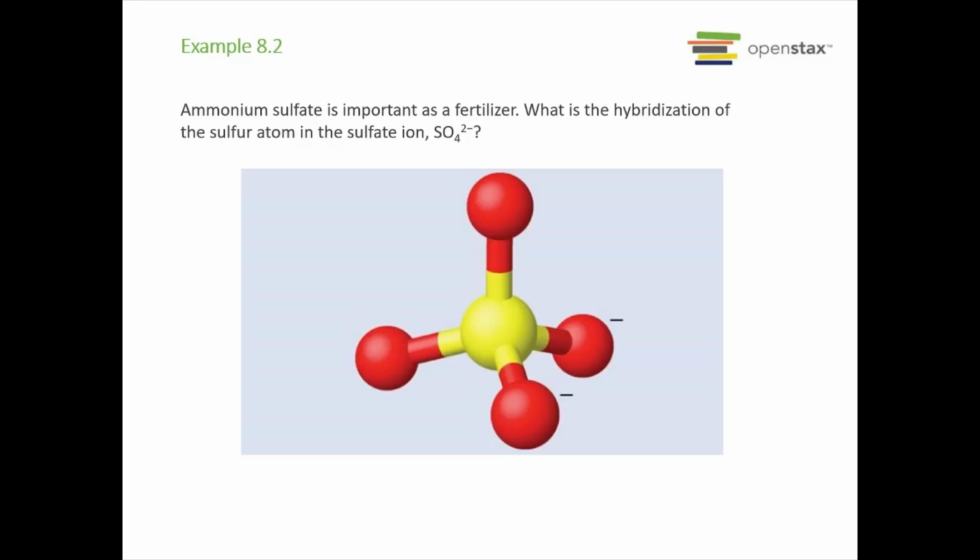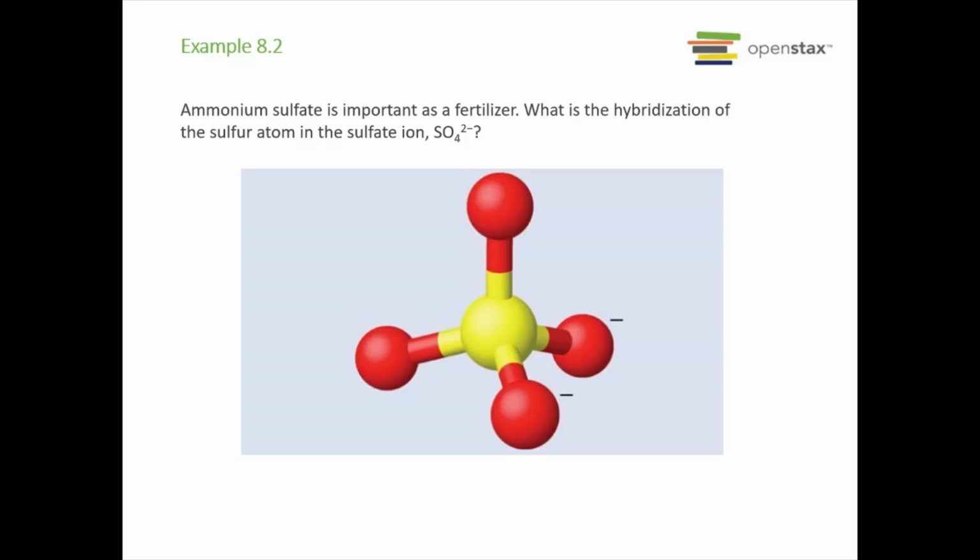So let's look at an example. Ammonium sulfate is a very important fertilizer, and we want to know the hybridization of the sulfur atom in the sulfate ion. Our Lewis structure would be the first thing to draw. I think you guys are pretty good with Lewis structures. So this is what it looks like.